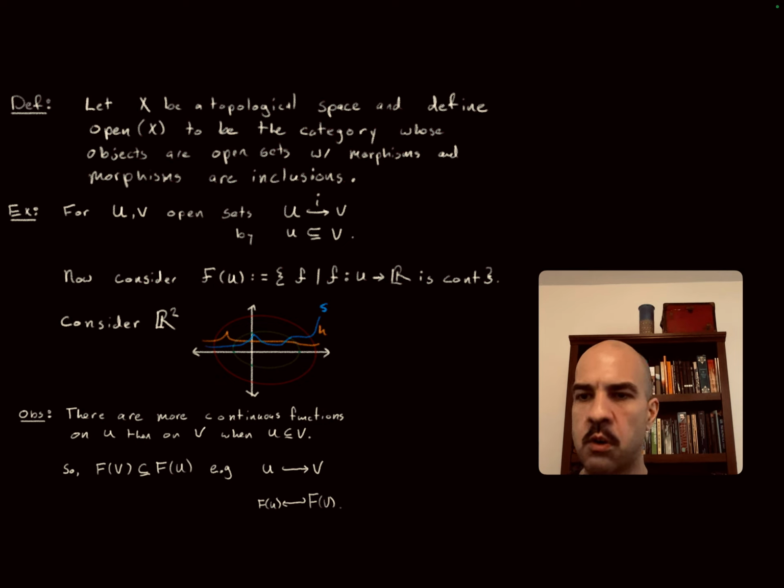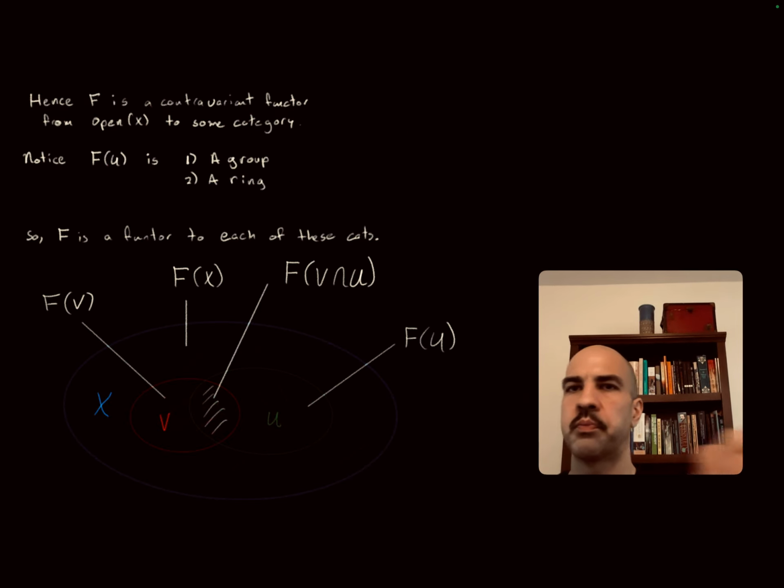Because there are more continuous functions as we shrink the sets, we can say that F is a functor, and whenever you apply this functor to these open sets, you get this flipping of the arrow, and we call that a contravariant functor, because occasionally the arrows will go the same way, but often in this sense they flip. So F is a contravariant functor from the category of open sets of a topological space, and it can go to some category.